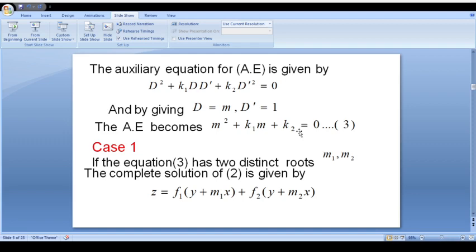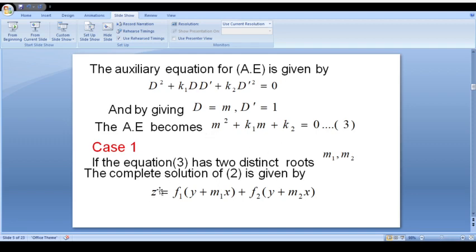Now depending on the two roots, we write the solution. We have a formula for the complementary function. Case 1: m1 and m2 are two distinct and real roots.